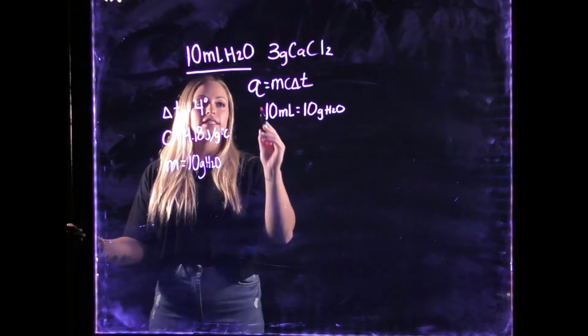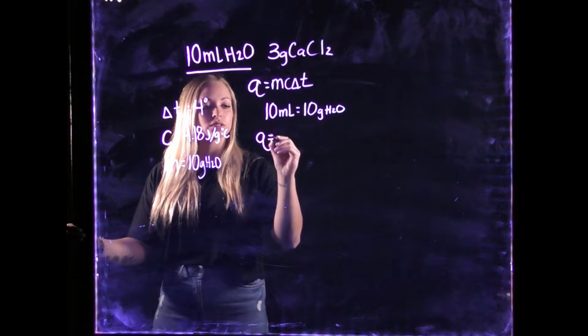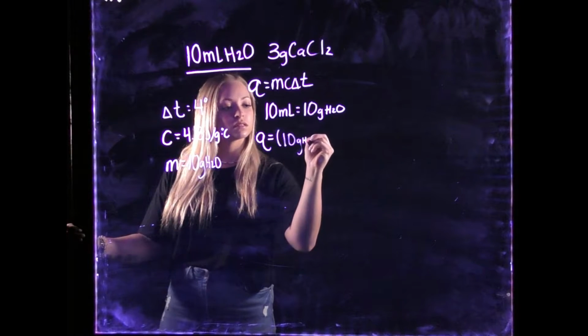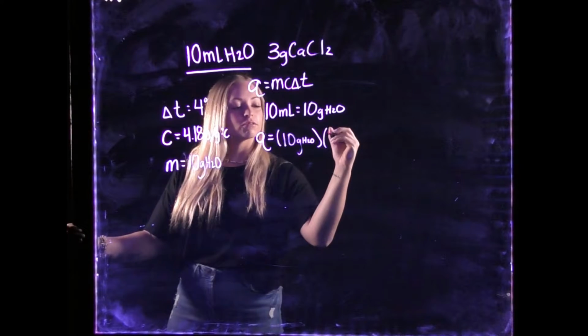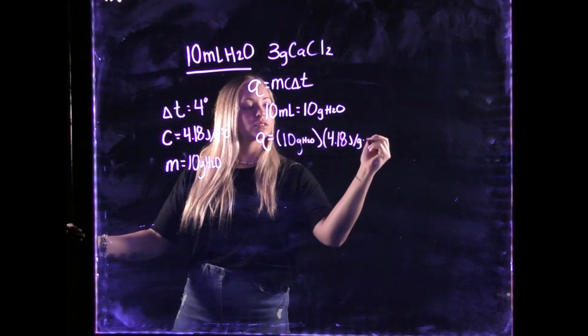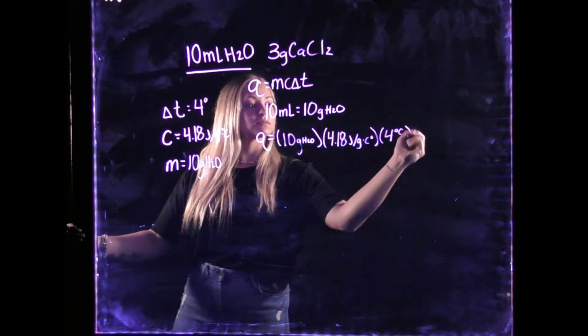So now we can plug in these numbers to the equation. So we have Q equals 10 grams times 4.18 joules per gram degrees Celsius times 4 degrees Celsius.